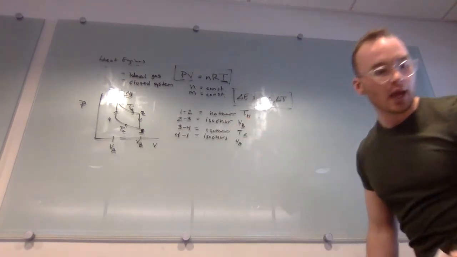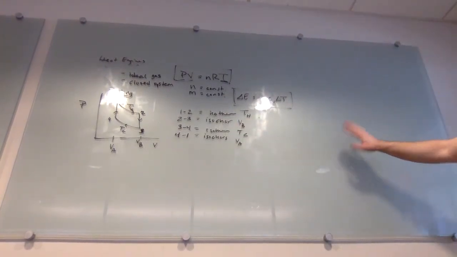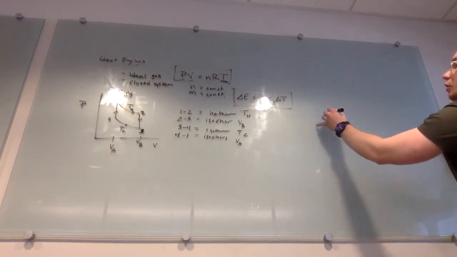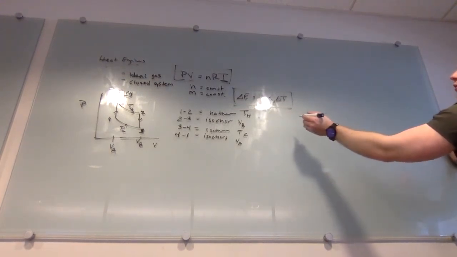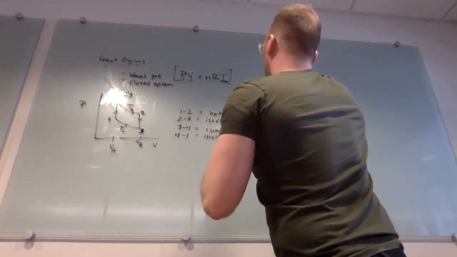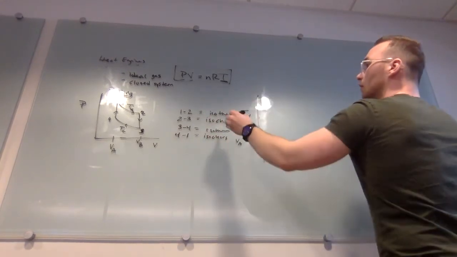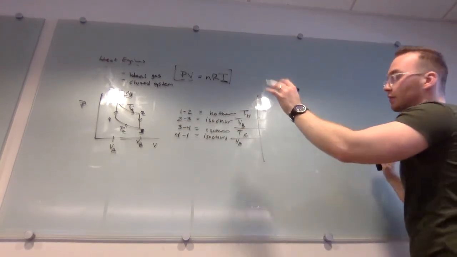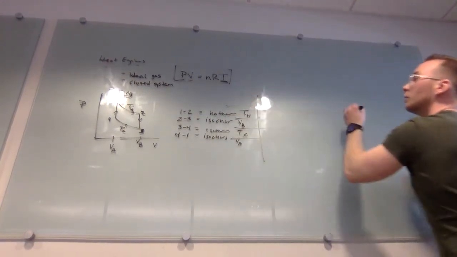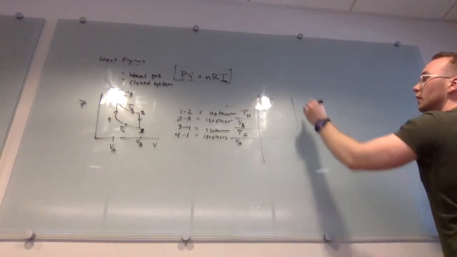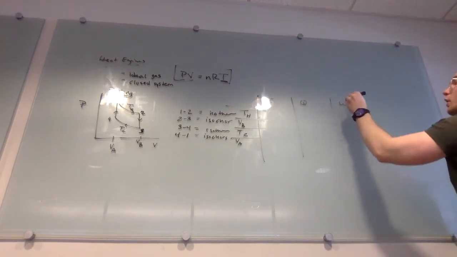That's kind of the whole thing. And now I'm actually going to write, so we could have done the last problem like this, but it was a little too simple, but this is often what you might want to do, which is write process 1 to 2, 2 to 3, so oh boy, there's plenty of things to write. So we're going to write here the change in internal energy, heat, work.